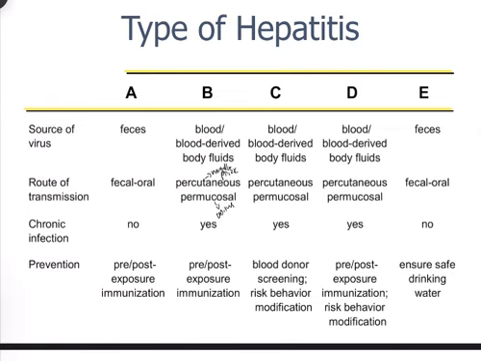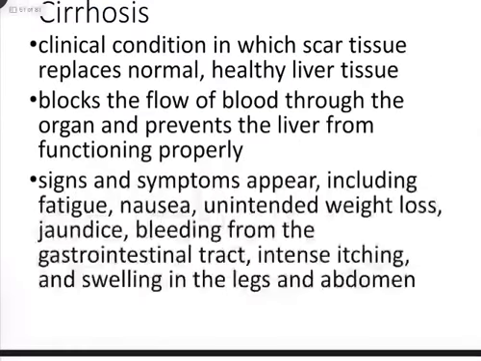Okay, next is cirrhosis. Cirrhosis is a clinical condition in which scar tissue replaces the normal tissue with regards to the liver. Okay, so your liver has a normal tissue, then there is a scarring. So scarring, nagkakaroon na ng fibrosis yung tissue. Nagiging parang bato. Okay, that's your cirrhosis.